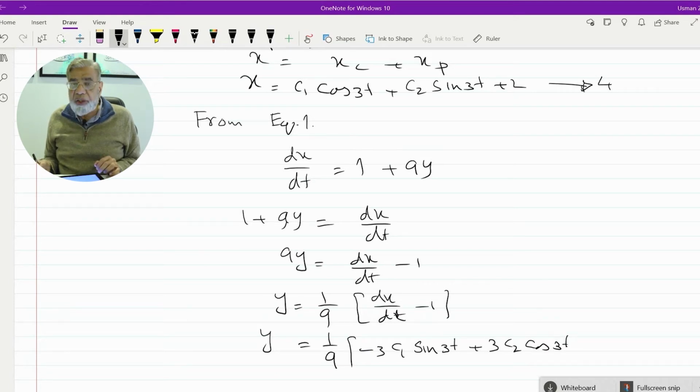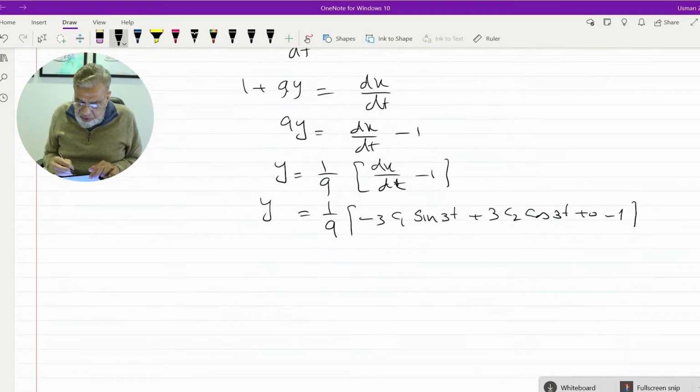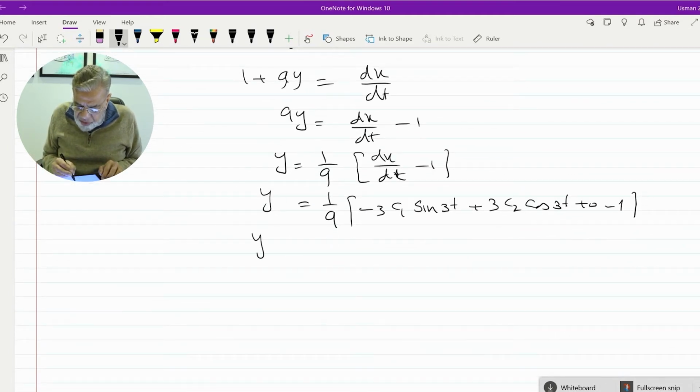Then the derivative of 2 is 0, and then we have the value minus 1 inside the bracket. So this is after differentiation. We simplify this one and multiply by 1 upon 9, and we get y is equal to minus c1 over 3 sine 3t plus c2 over 3 cosine 3t minus 1 over 9.